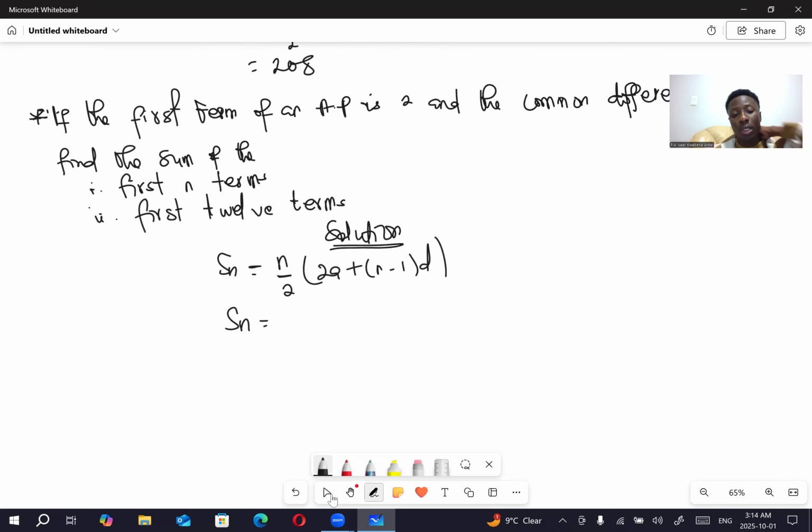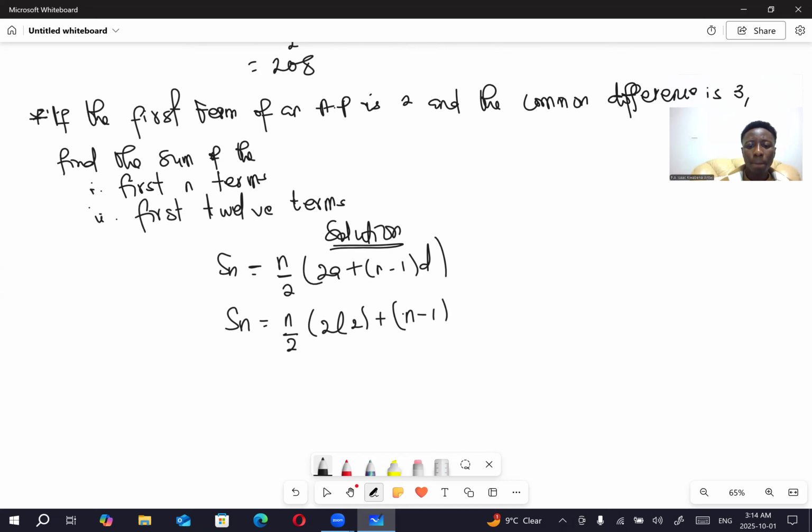You don't know the number of them. So to find the sum of the first n terms, it is equal to n over 2, because the n you don't know, so still n over 2 into bracket 2a. a is what? First term is what? 2. n is what? The n is I don't know. The common difference was stated as what? 3.